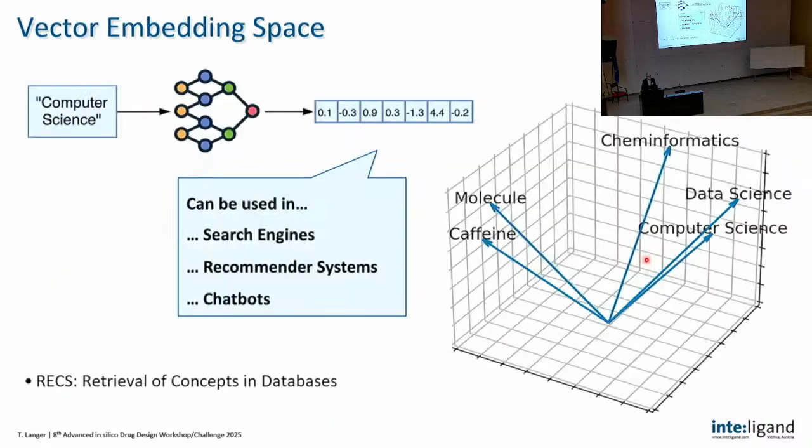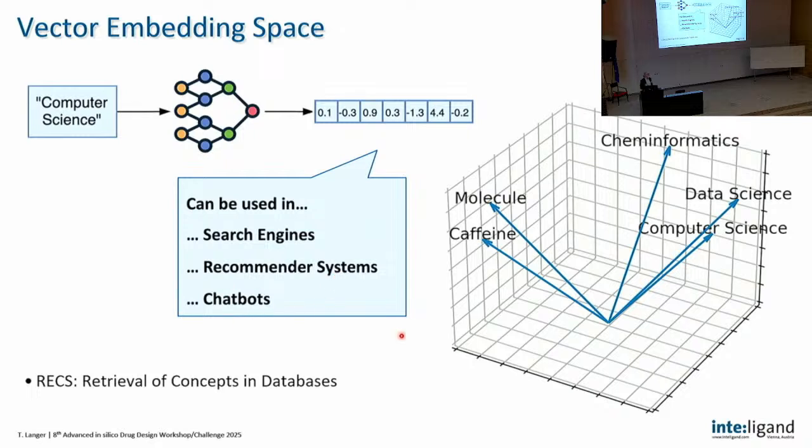And the idea behind is this kind of retrieval of concepts in databases. This is a method that uses vectors to retrieve a concept in a database. So for instance, when you have these vectors, it can be used in search engines, in recommender systems, and of course in chatbots.